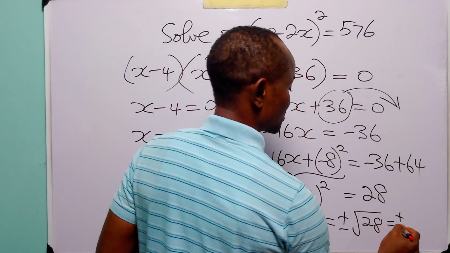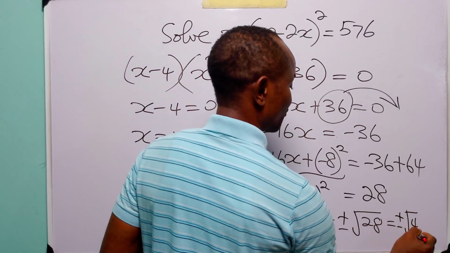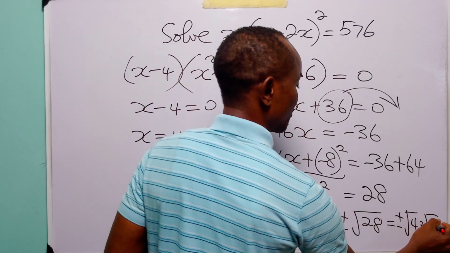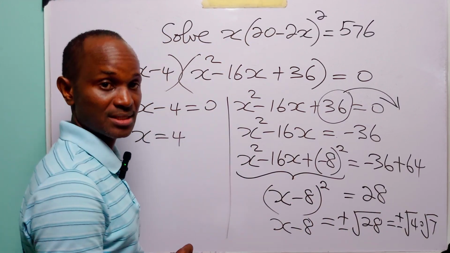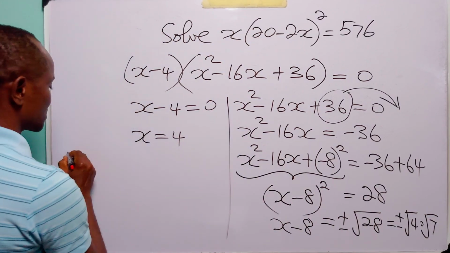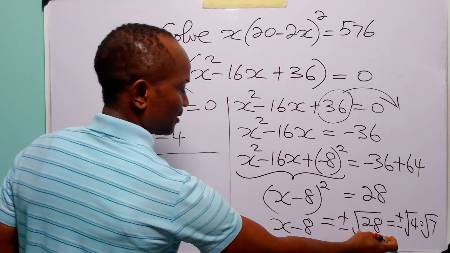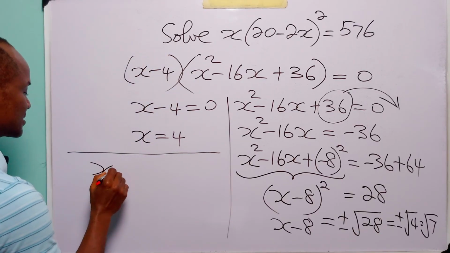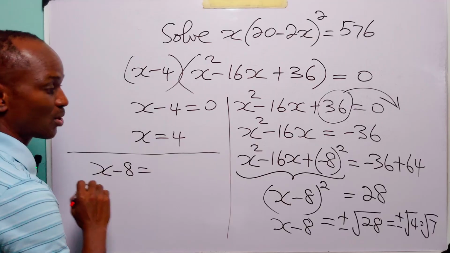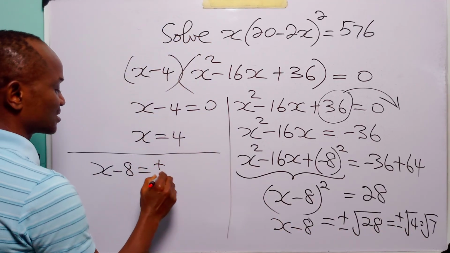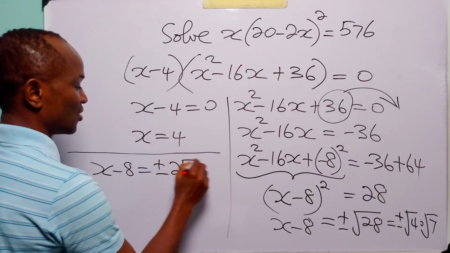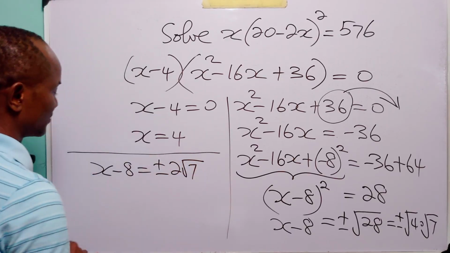This is equal to plus or minus the square root of 4 times the square root of 7, because 4 times 7 is equal to 28. And of course, we have that x minus 8 is equal to the square root of 4 is 2. So this is plus or minus 2 root 7.